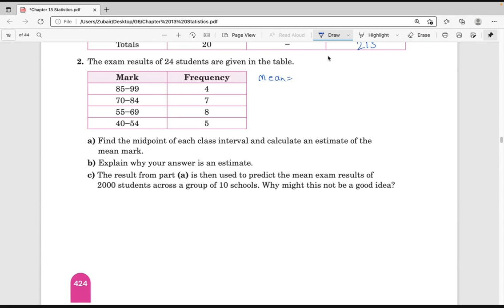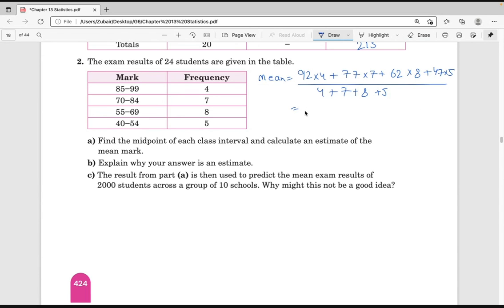When I add these two and divide by 2, I'm getting 92 as middle number into 4, plus 70 and 84 divided by 2, 77 is the middle number into 7, plus 55 and 69, I'm getting 62 as the middle number into 8, plus 40 and 54 divided by 2, I'm getting 47 into 5, divided by 4 plus 7 plus 8 plus 5.